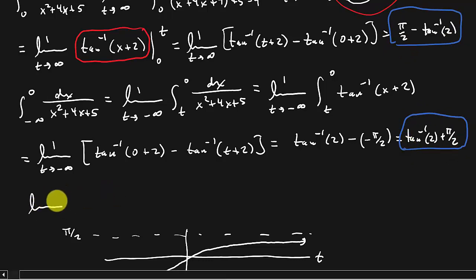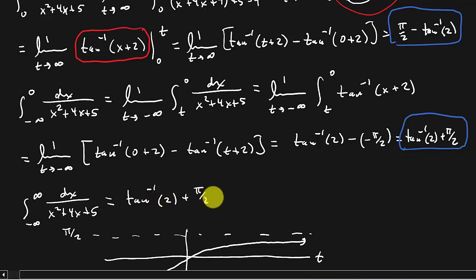So the integral from negative infinity to infinity of dx over x squared plus 4x plus 5 is equal to this value, inverse tan of 2 plus pi over 2, plus this value, pi over 2 minus inverse tan of 2. And you can see the inverse tan 2's go out, and pi over 2 plus pi over 2 is pi. And there's your answer.